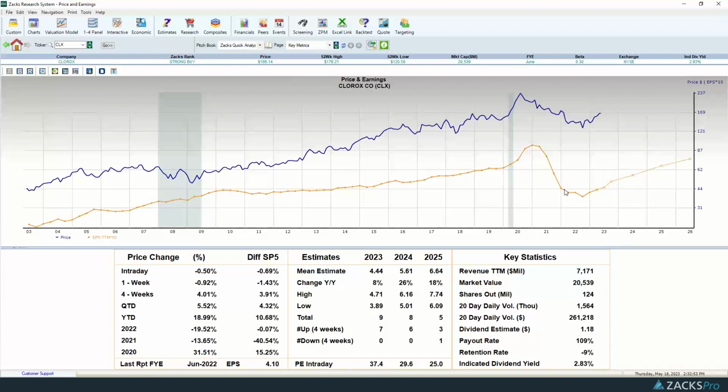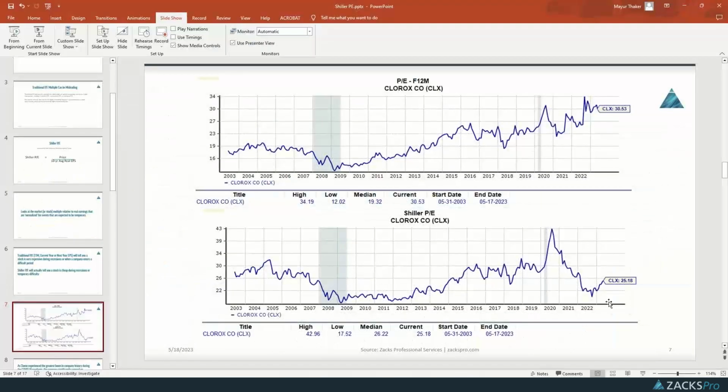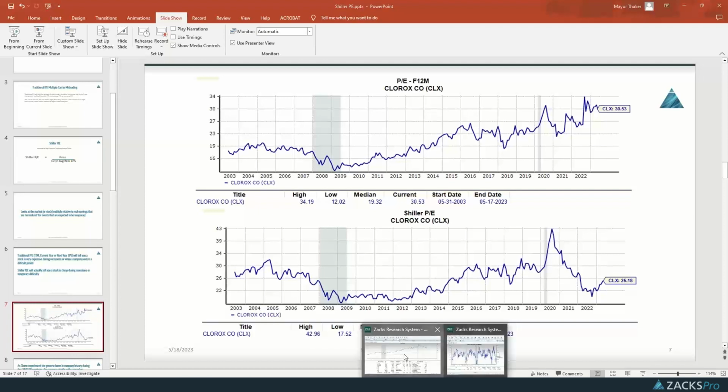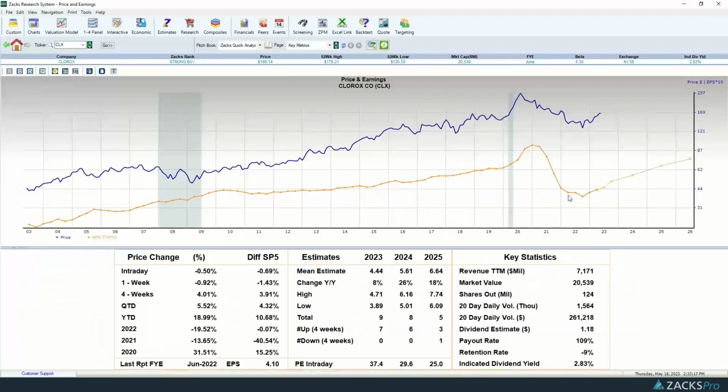If you have fixed costs because of new manufacturing capacity and you're not operating at full capacity, that really hits your margins. So that's what happened to Clorox, and that's why Clorox went through this deep bear market. However, the reason why Shiller is so good is because we're not looking at these peaks and troughs here.